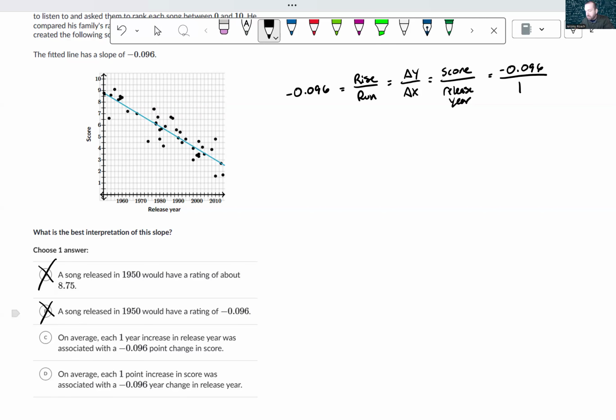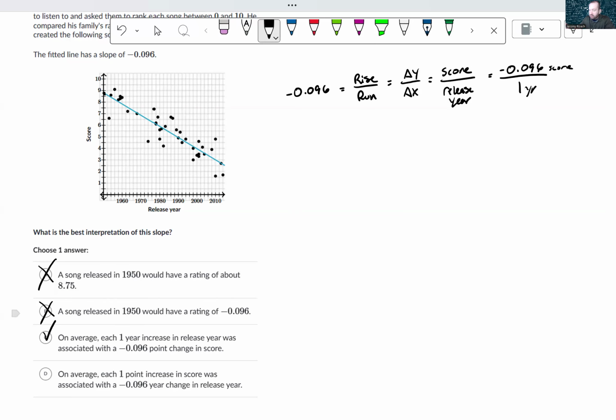That's just our slope. C says on average, each 1 year increase in release year was associated with a negative 0.096 point change in score. And it looks like so each 1 year that goes up, I'm just going to put year and score. It looks like every 1 year that goes up on the X, the score goes down by 0.096.